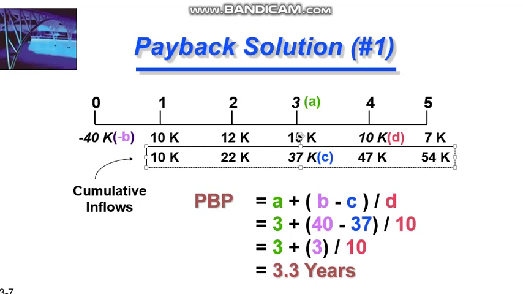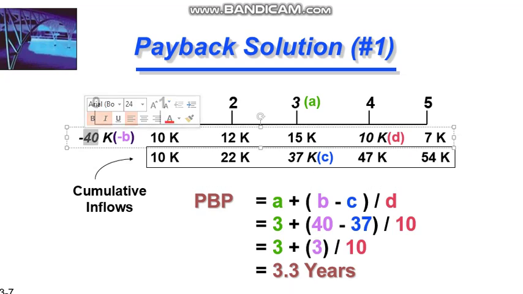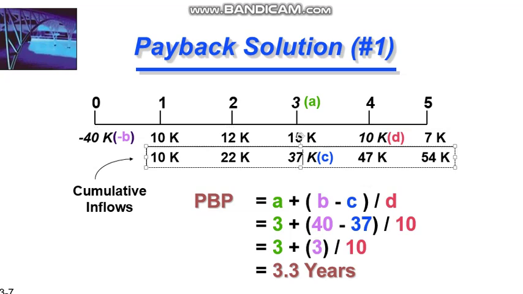We have a formula from which we can derive the payback period: A plus B minus C over D, right? What is A here? First of all, we compare our outflow, that is 40k, with the cumulative inflows, and check which cumulative inflow is immediately less than the outflow.